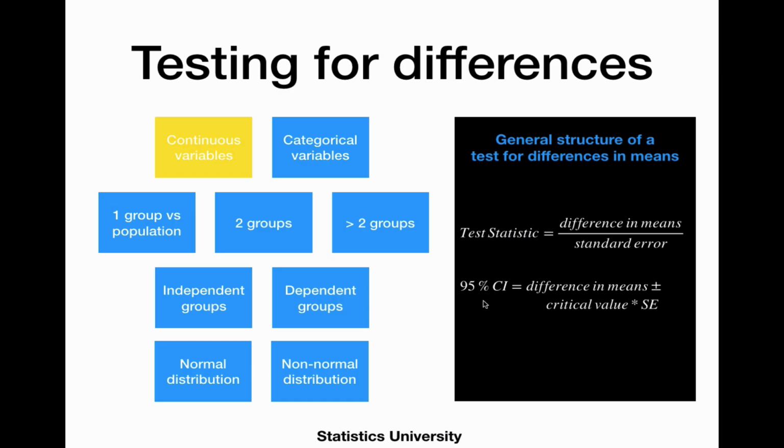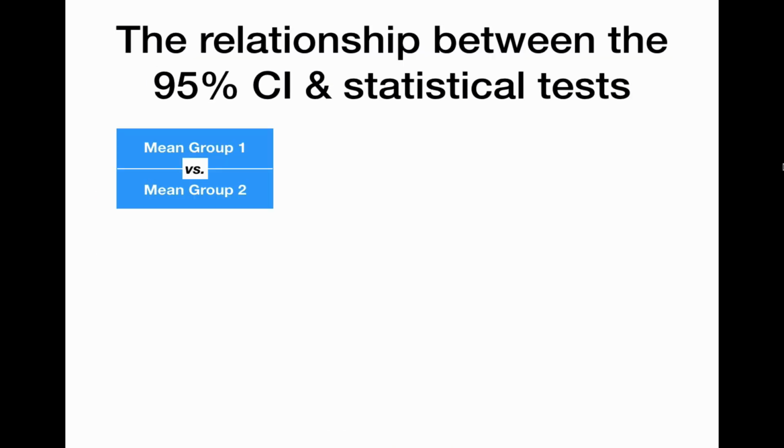The 95% confidence interval is just simply the difference in means minus and plus a critical value times its standard error. There is an interesting relationship between the 95% confidence interval and statistical tests. Let's look at the example where we want to compare the means of 2 different groups.